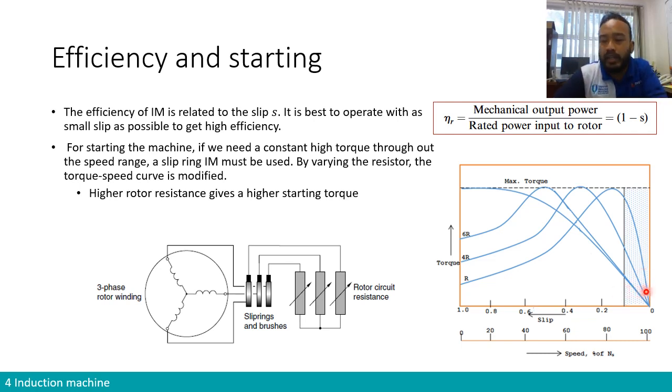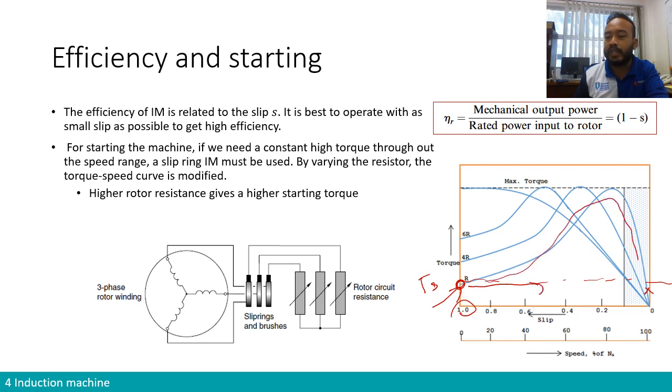If a load is lower than the starting torque, for example if the load is placed somewhere over here, much lower than the starting torque, then as we start the machine, it is going to be able to go from maximum slip, following this curve, back to the position where the slip is minimum.